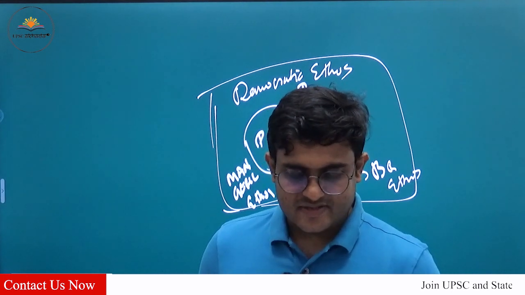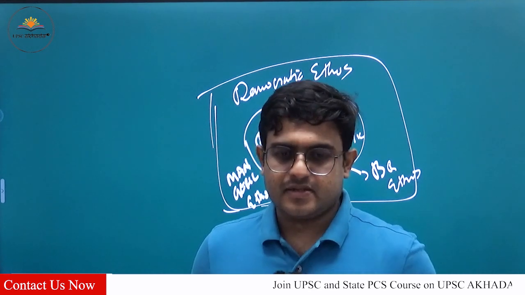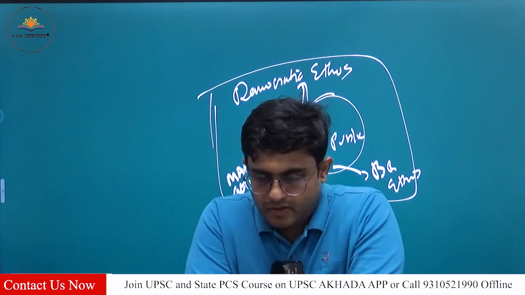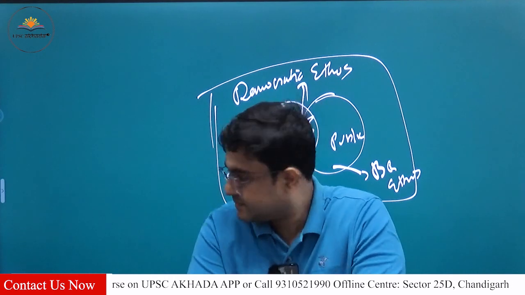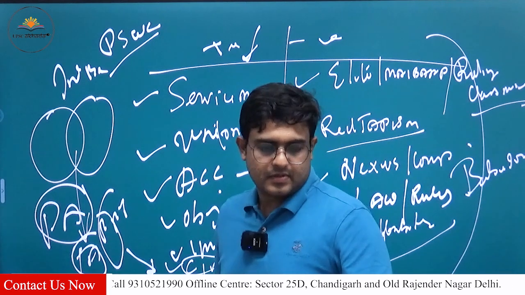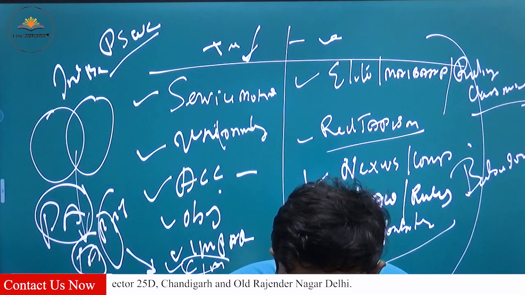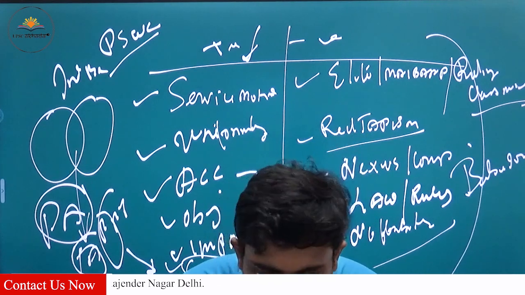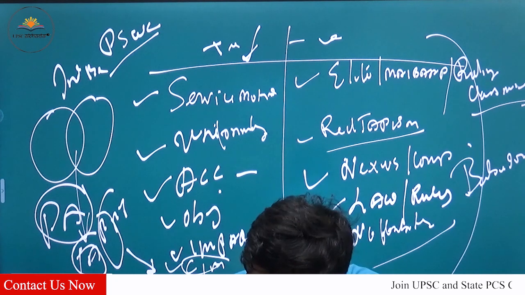So write next: positives and negatives of work culture in Indian bureaucracy. Make two columns, positive and negative.